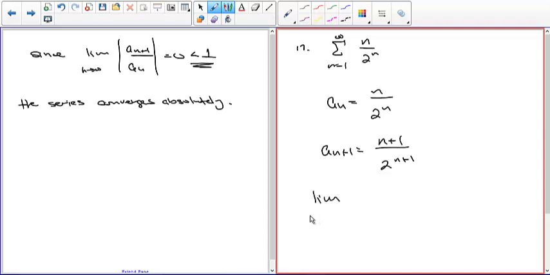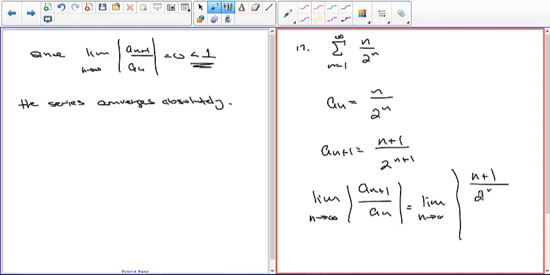We take the limit as n goes to infinity of the absolute value of a sub n plus 1 over a sub n, which is the limit as n goes to infinity of n plus 1 over 2 to the n plus 1 divided by n over 2 to the n.